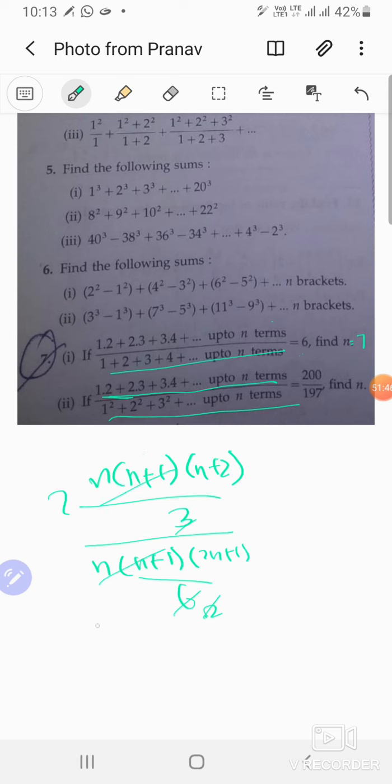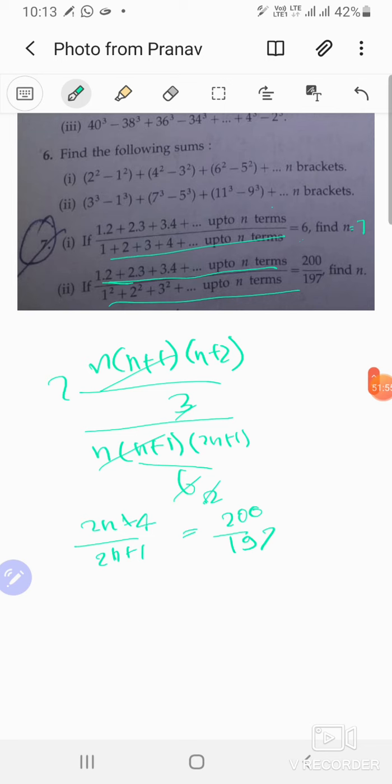So you've got 2n plus 4 upon 2n plus 1 is equal to 200 upon 197. No big deal. You've got n plus 2 upon 2n plus 1 equals 100 upon 197. Okay, so from that we can say, now you just need to do this, right? 197 times 2 is 394.